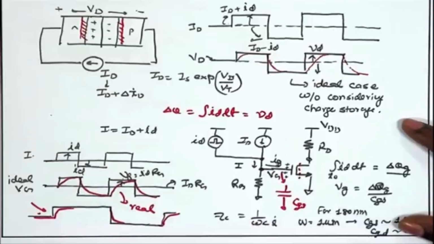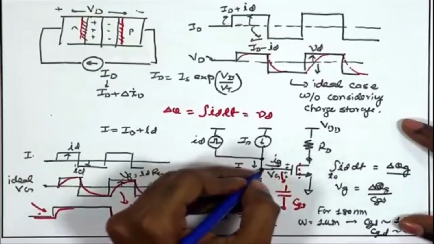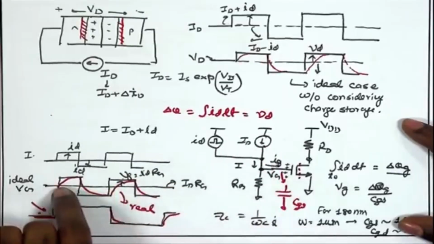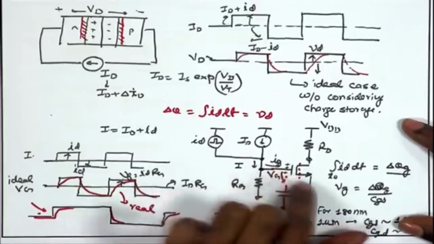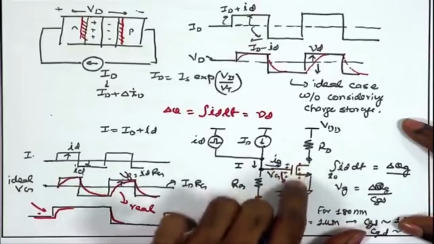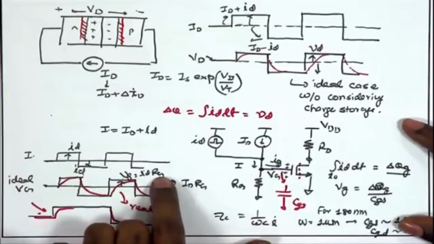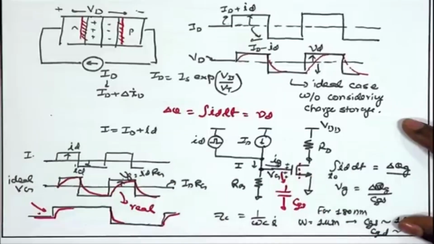But we know that in order to arrive at this larger Vg, which is higher by ID RG, because this voltage we are expecting that when we increase the current to ID plus small ID, the gate voltage will increase by ID times RG. But in order to increase that much gate voltage, I must also ensure an equal amount of negative charges being produced in the channel, so that this additional positive charge, which is ID RG times this effective capacitance, is balanced by the negative charge.